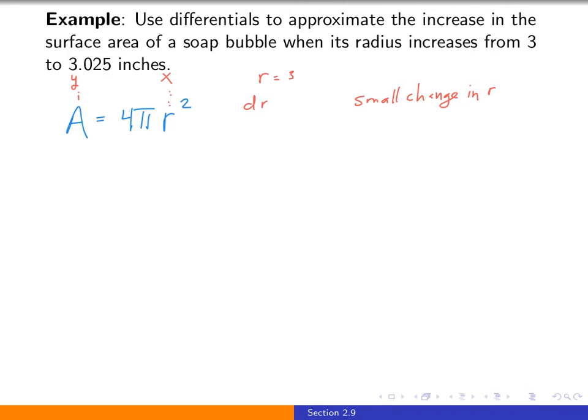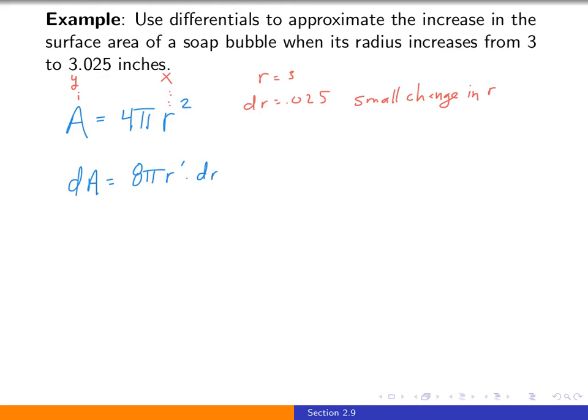It's changing from 3 to 3.025, so 0.025. So the differential dA will approximate the actual change. So dA is going to be the derivative of 4 pi r squared. We're thinking r is our variable. So the 2 comes down, so 8 pi. Our new power of r is 1. And then we multiply by dr. So we have found the differential dA.